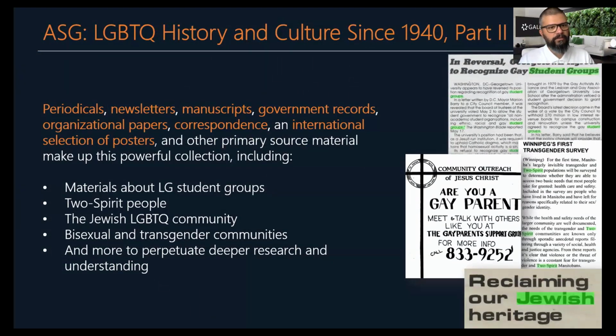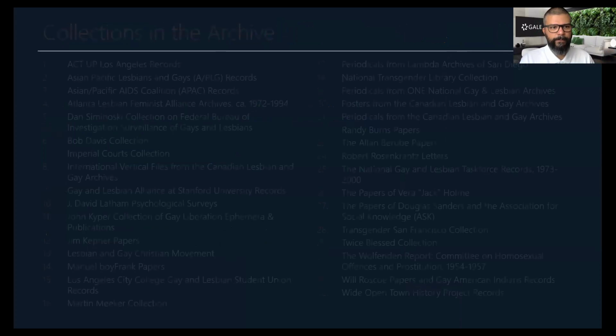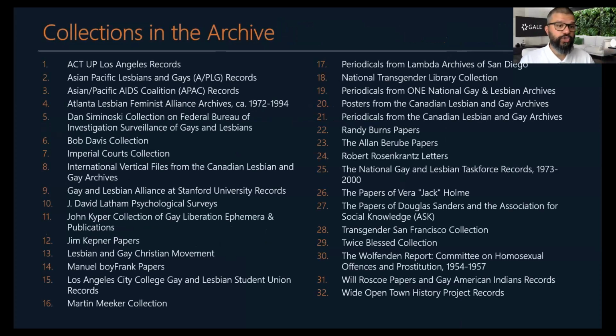You can see there's collections from the Two-Spirit people, the Jewish LGBTQ community, for example. This one's got about 32 collections in here, quite diverse, looking at different minority groups, which is really exciting.